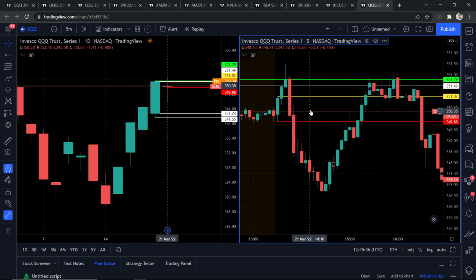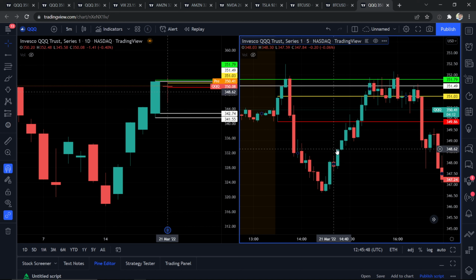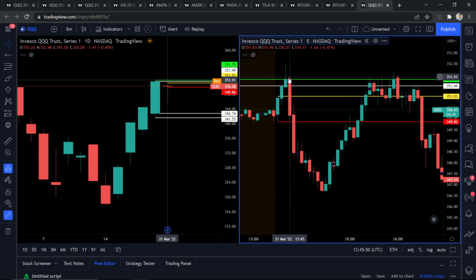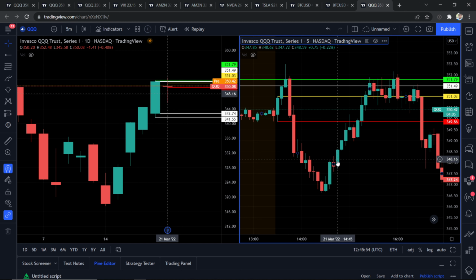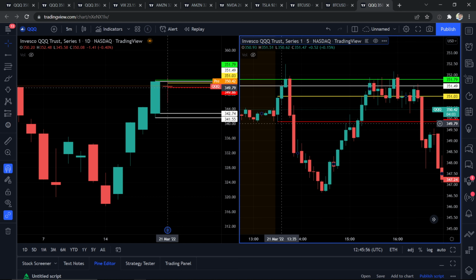So in this case, I did scalp the break of the first 5-minute candle. Even though we didn't break the previous day low, this was a good indication that there was some sell pressure here. Okay?